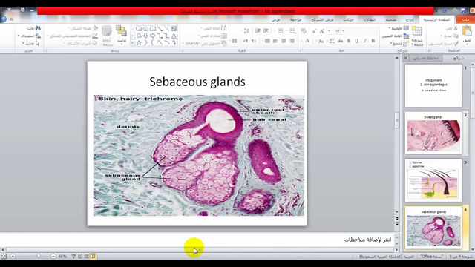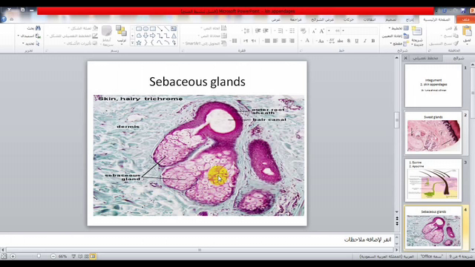Sebaceous glands are alveolar, with a cluster of acini opening to a single short duct. Each acinus is composed of peripherally located small basal cells resting on a basal lamina, as we see in this figure.